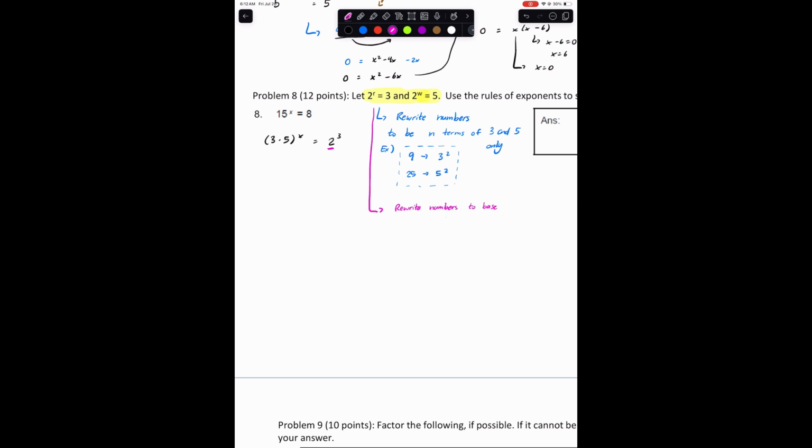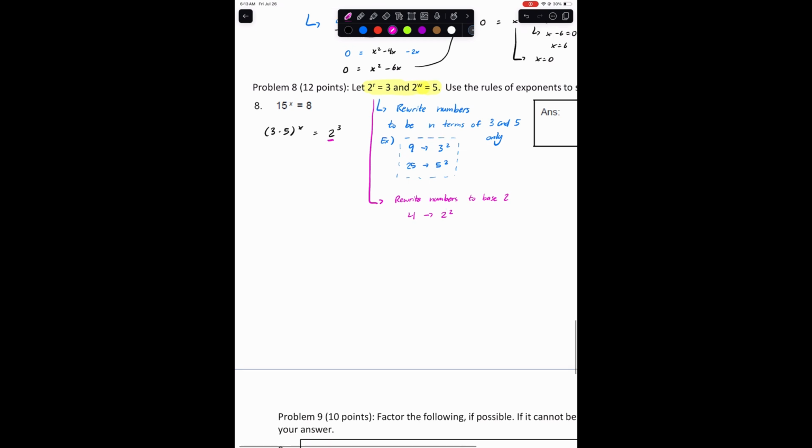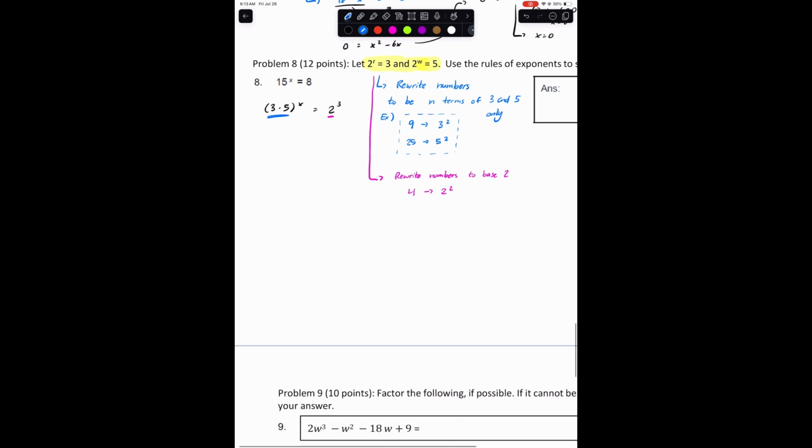That means if I have 4, I should write 2 squared, okay? My exponent laws, or rules of exponents, whatever you call it, all depend on one thing, that the base is the same. So I need to make sure everything is in base 2 to ensure that we're in business, okay?